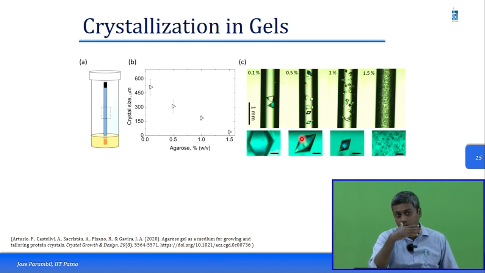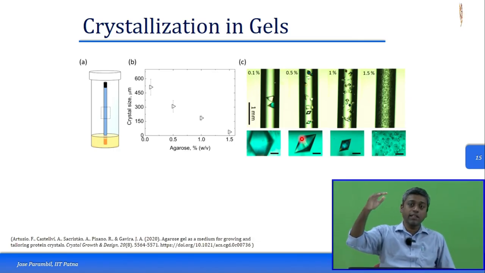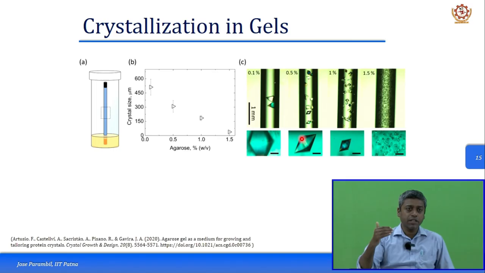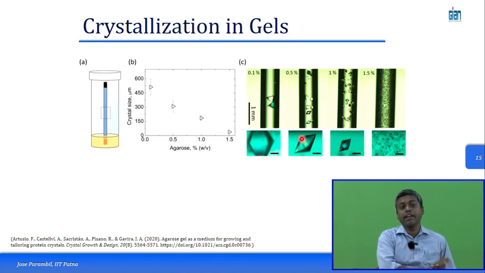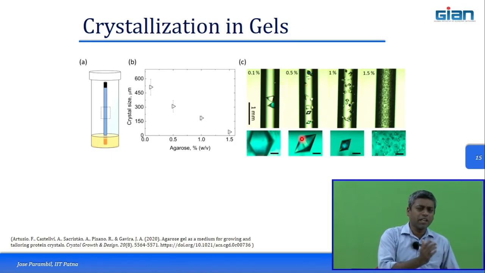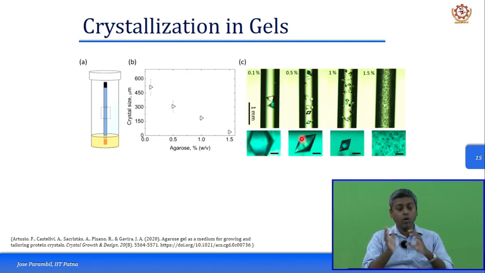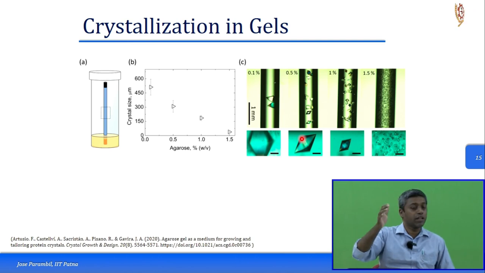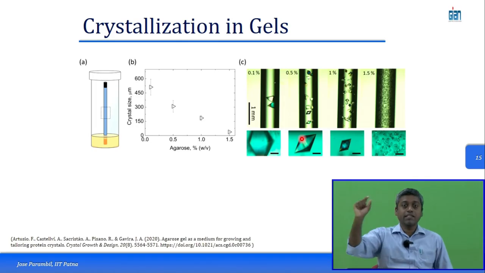Another aspect is you can identify various compositions within the gel and figure out at what concentration it crystallizes better, at what conditions it would nucleate faster, it would grow faster, and so on. So that sort of preliminary analysis can also be done, because typically the diffusion rate of proteins as well as the salts can be figured out using experimental techniques, and that can be used to model the actual diffusion process and figure out at a particular time what the concentration is at a given position, and then whether it has crystallized there or not.